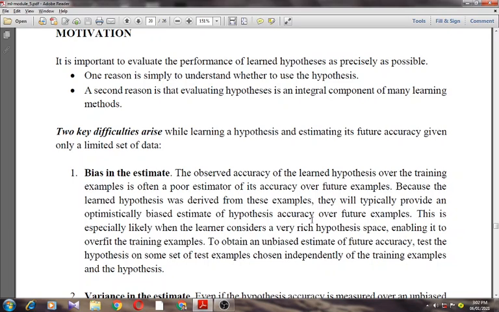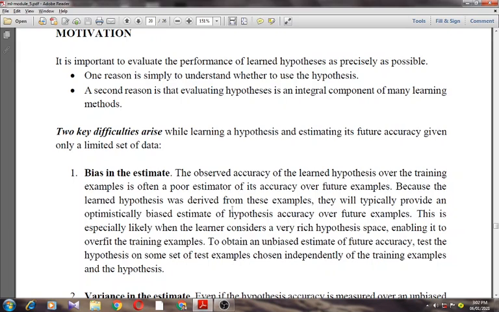This is especially likely when the learner considers a very rich hypothesis space, enabling it to overfit the training examples. So, to obtain an unbiased estimate of future accuracy, we typically test the hypothesis on some set of test examples chosen independently of the training examples and the hypothesis.